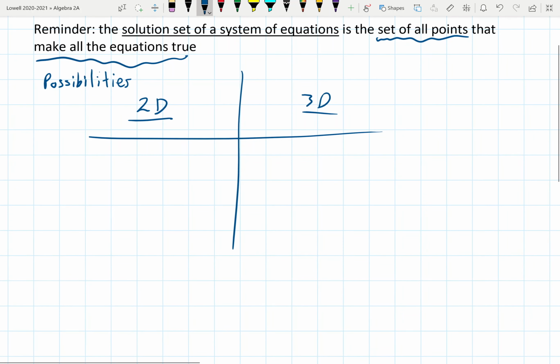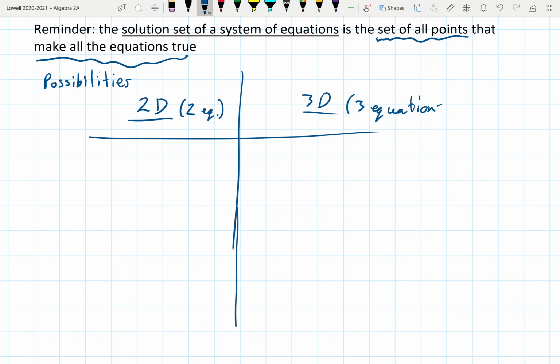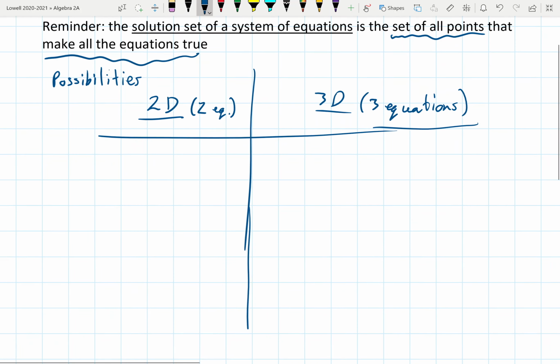So 2-dimensional systems, we'll just assume that in a 2-dimensional system there are 2 equations, and in a 3-dimensional system with 3 variables, there will be 3 equations. And again, we're talking linear systems specifically, so all the equations are linear equations.